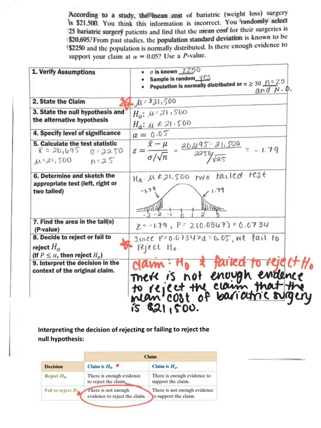Okay, so we're not supporting it, but we're not rejecting it. Okay, so we're not saying that it's right, but we don't have enough information to say that it's wrong.